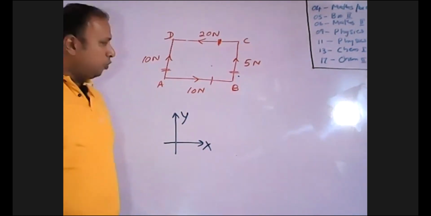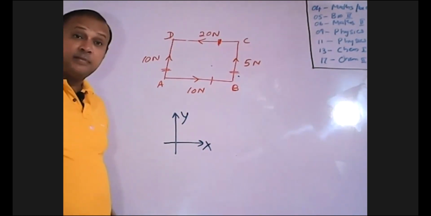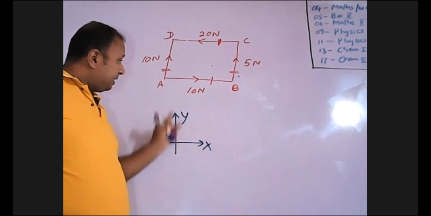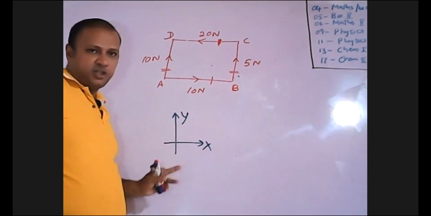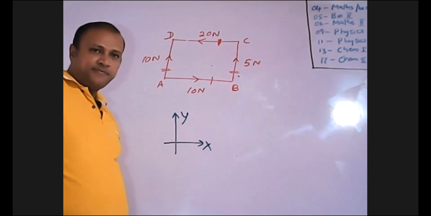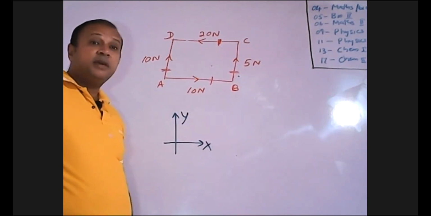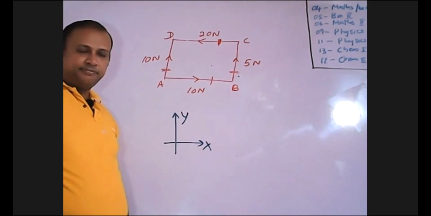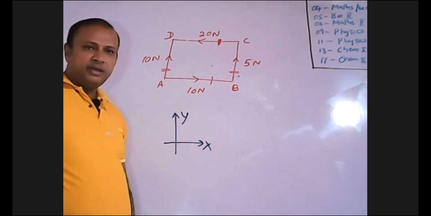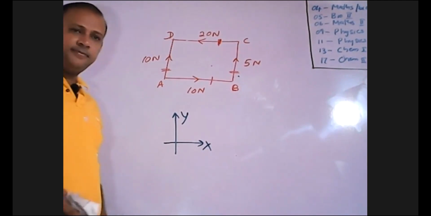But normally we are given angles for this system. Normally we are resolving this vector system in x and y directions, but you can take any perpendicular directions if you know the angles.